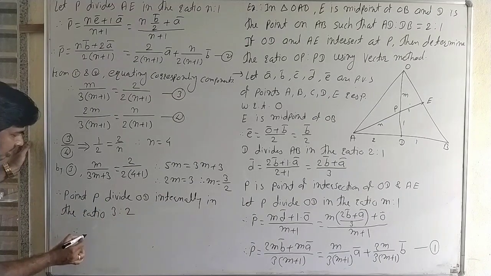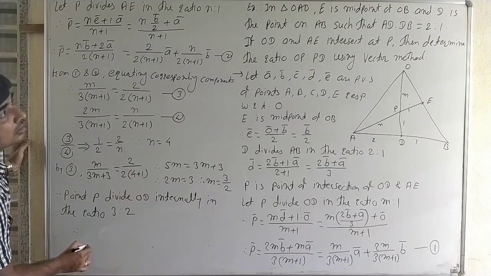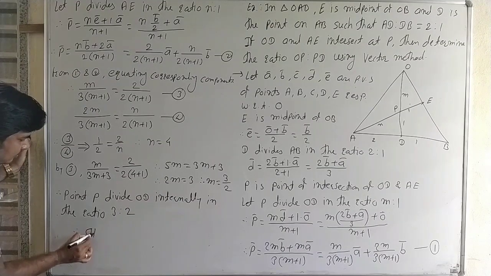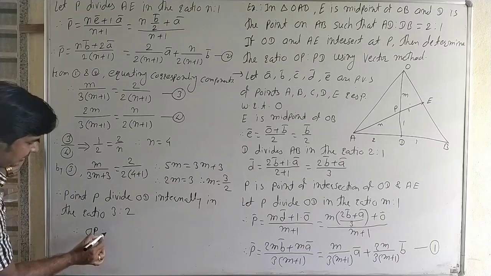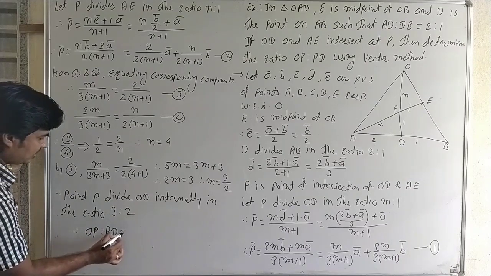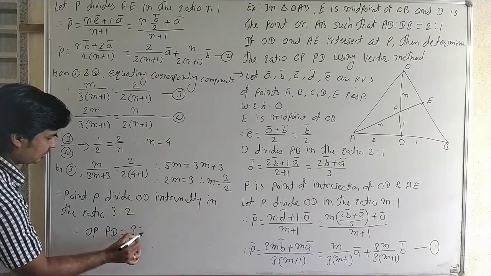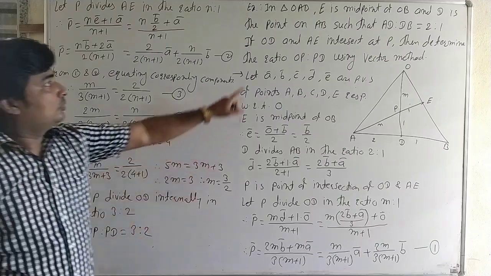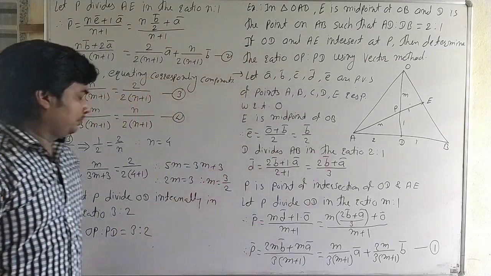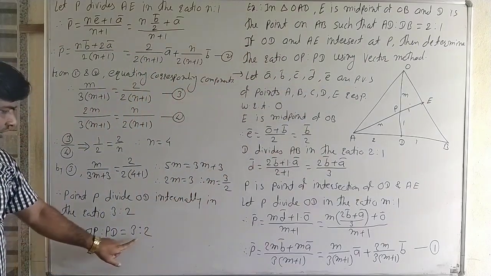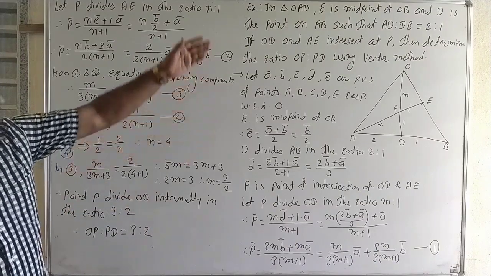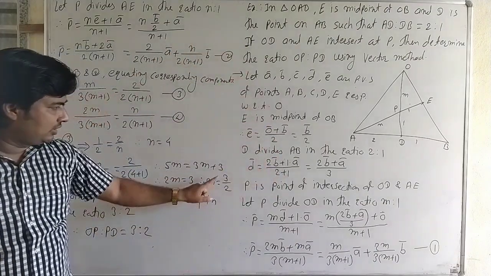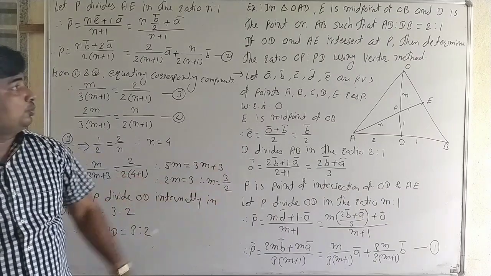Therefore we can write OP is to PD is equal to 3:2. That means P divides OD internally in the ratio 3:2.